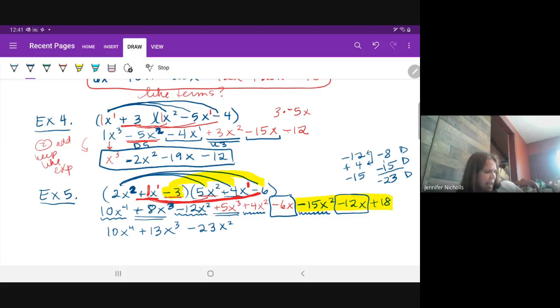But what if you're going down 6 and then down 12? What's that give you? Down 6x, down 12x. I agree. Down 18x. And then this one I haven't used, so plus 18 at the end.